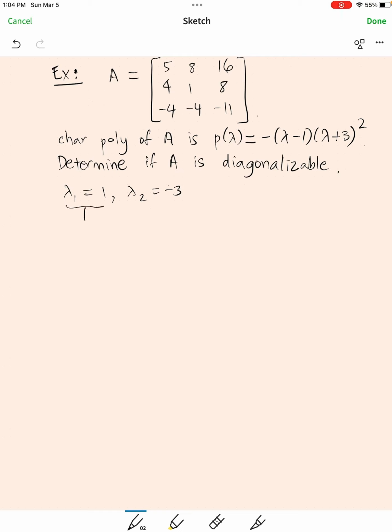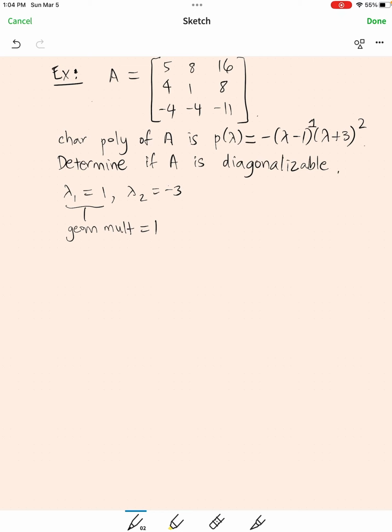We know that the multiplicity of lambda minus 1 is 1. And so the geometric multiplicity, the dimension of the 1 eigenspace, has to equal 1. So we know, without even having to really do anything, that the geometric multiplicity equals the algebraic multiplicity.